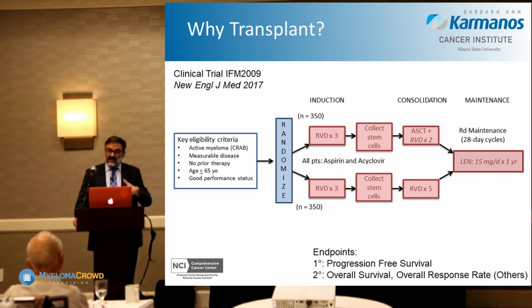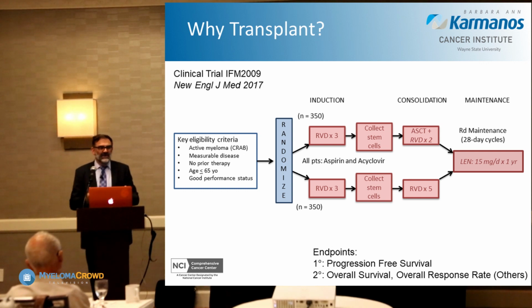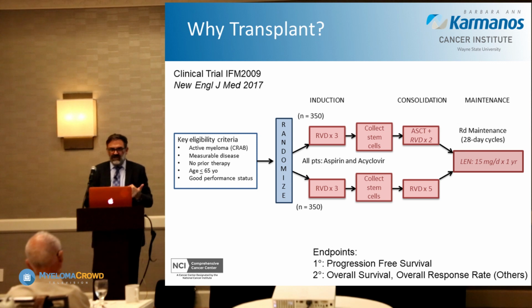Minimal residual disease negativity also occurred more commonly in the transplant arm, but it did occur in both. And when it occurred, it's a really good thing. The deeper the suppression, it's kind of intuitive, but we haven't really been getting patients into that deep stage until recently, right? So now what we see is the deeper we suppress somebody, the better it is. And transplant's more likely to achieve that.